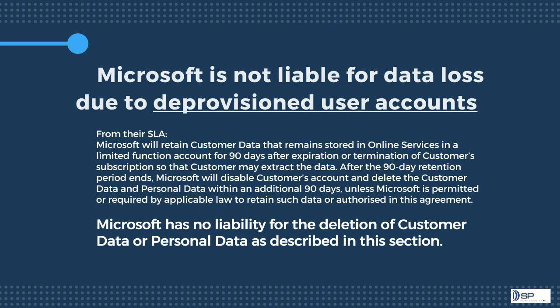So Microsoft mandates that they will keep it for 90 days after you cancel an account. But after that period of time, they have the right to delete it and you may not have access to it. So you need to have in your planning process a way in which you can keep your own copy, should you need it, of that data.